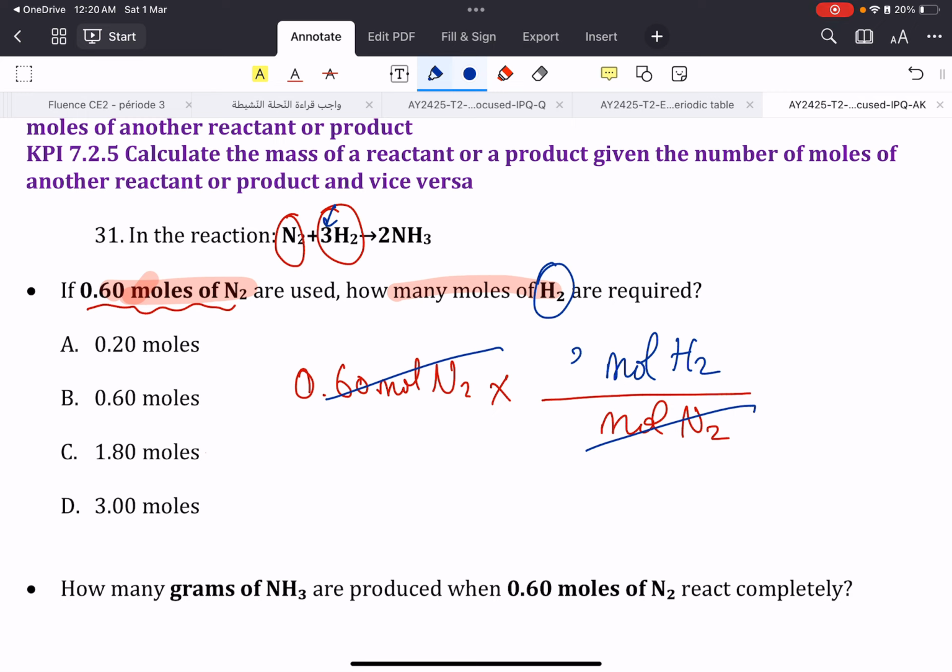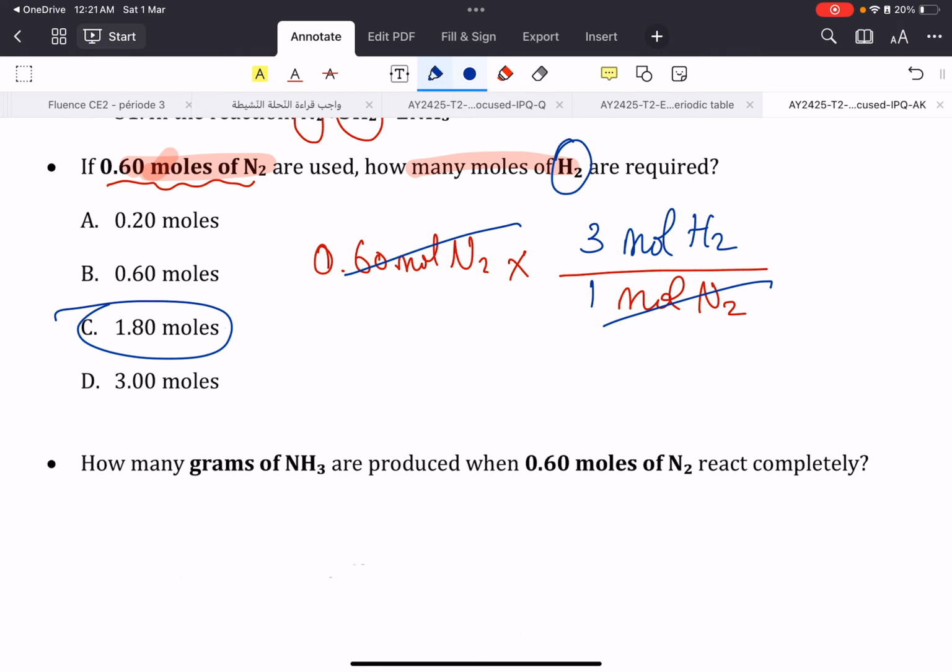Next to H2, there's 3. Next to N2, it's empty, it means 1. So the final answer is how many moles of H2? It's a multiple choice question, 1.8 moles.